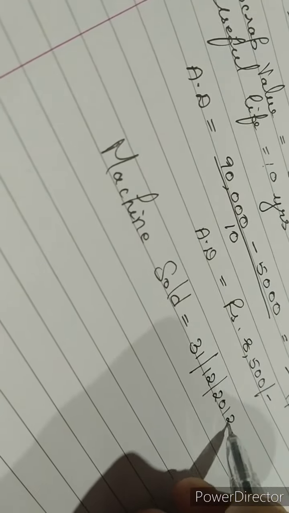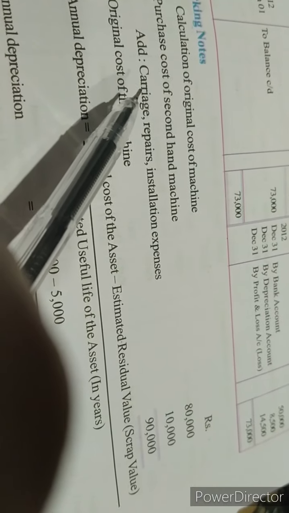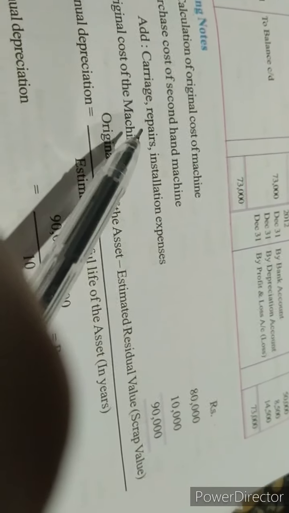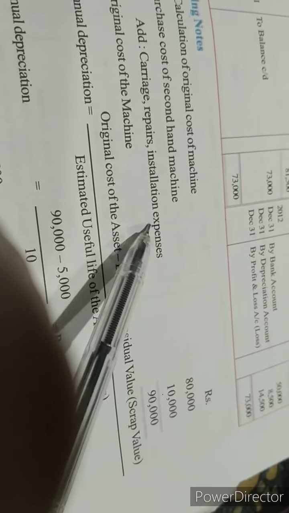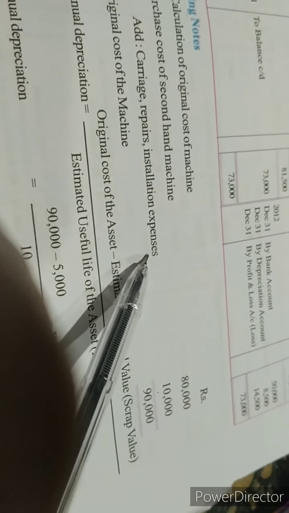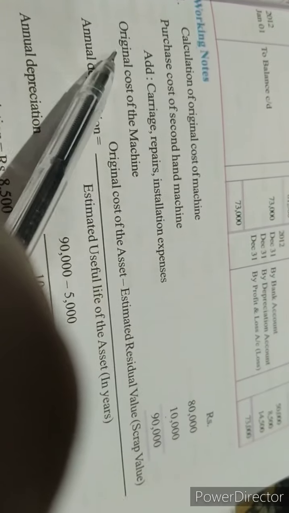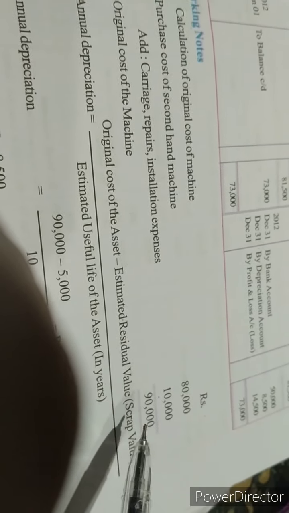If you see in the textbook, the calculation of the original cost of the machine: the purchase cost of the second-hand machine, 80,000, is given, and you add the various charges incurred on this machine, carriage, repairs and installation. Altogether that is 10,000, meaning 4,000 plus 4,000 plus 2,000. So finally the original cost of the machine is 90,000.